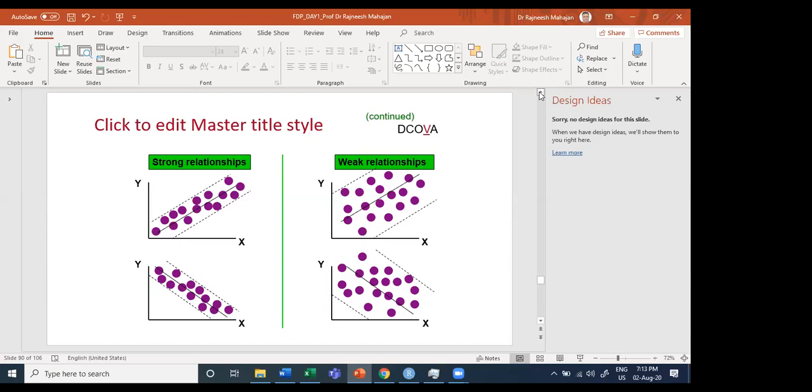This is a weak relationship where most of the points are hovering around the imaginary line. These lines are all imaginary in nature between the x and y planes. So this is the whole aspect with respect to the details of things.